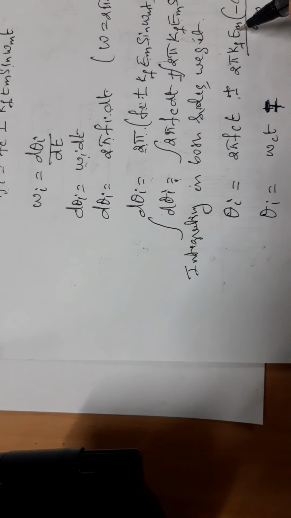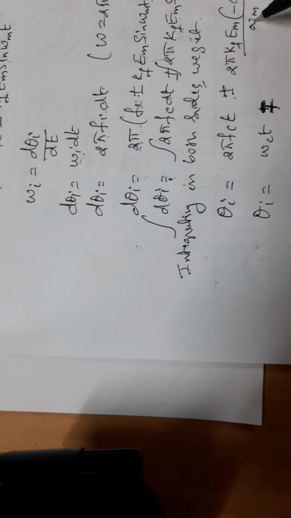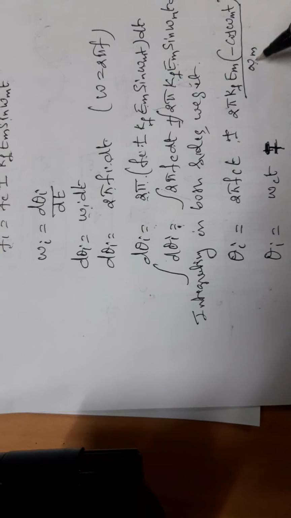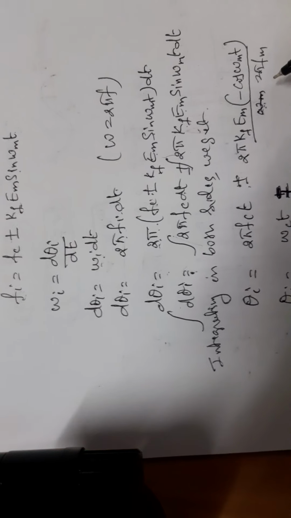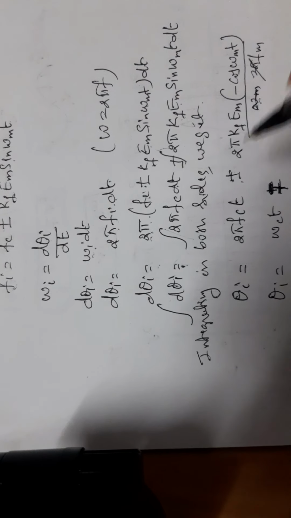2 pi kf em into omega. What is omega m here? Omega m is nothing but 2 pi fm. 2 pi gets cancelled.